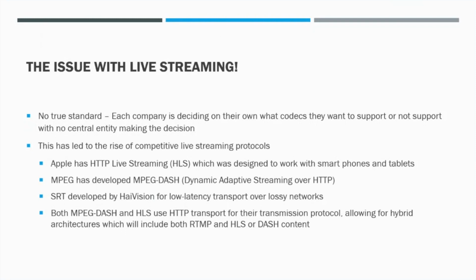MPEG, who does H.264 and MPEG-2 and H.265, and a lot of the linear video compression for your standard broadcast television, has tried to get in on the act with what they call MPEG-Dash, which is dynamic adaptive streaming, but it also uses HTTP as the protocol, the same way HTTP live streaming does. Haivision has SRT, Secure Reliable Transport, which they developed and is an open source transport protocol for low latency video broadcasts and video distributions.